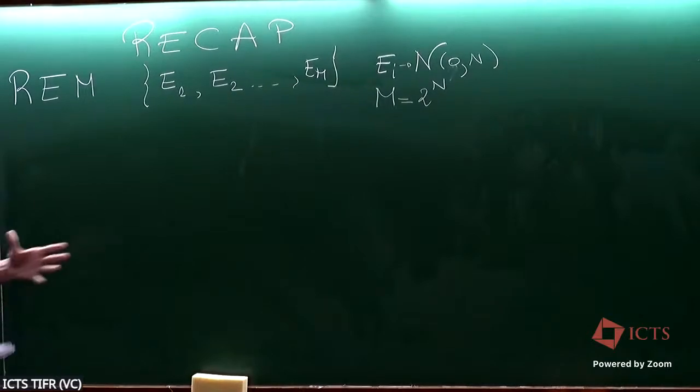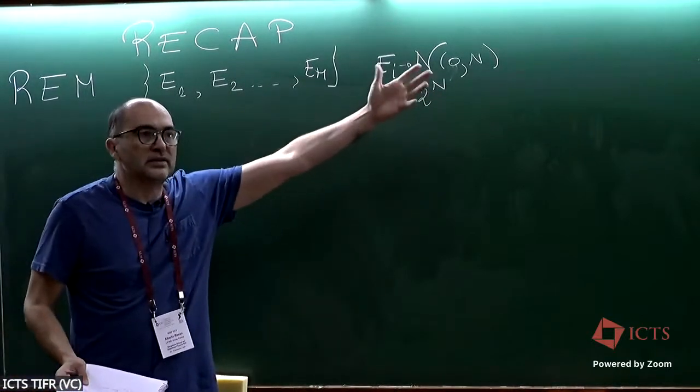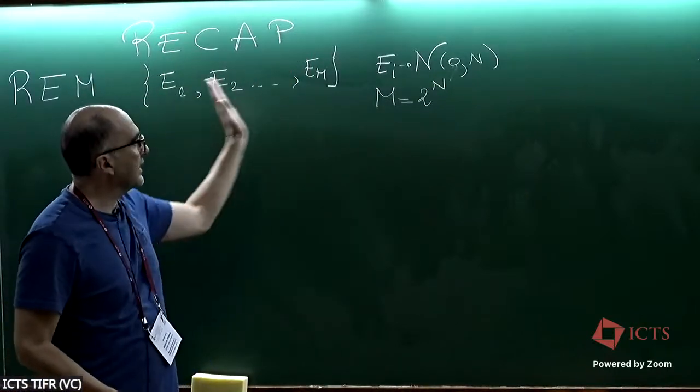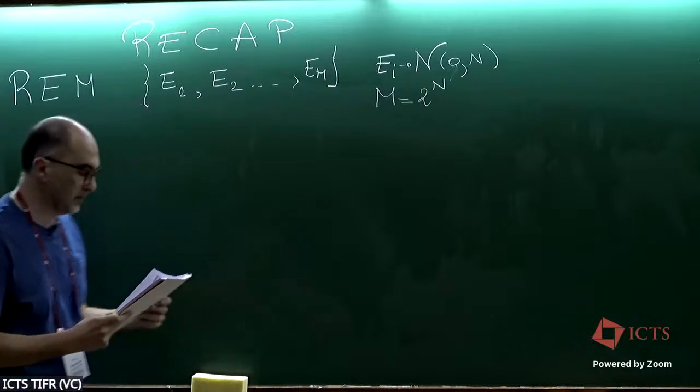And so this means that the energy is a random number of the order square root of n, and I have a huge number of data points.